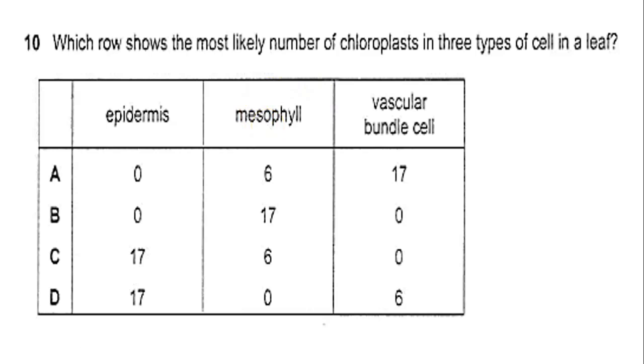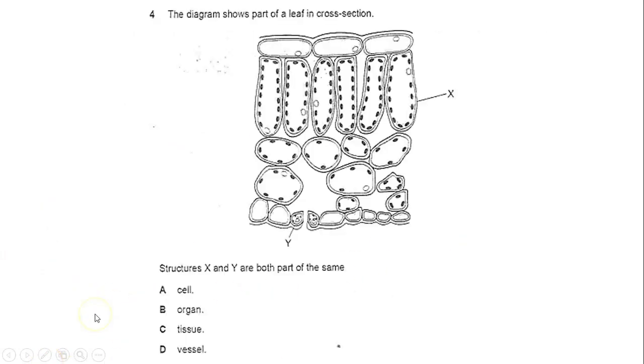So of course they have the largest number of chloroplasts. And the vascular bundle. These are the xylem and phloem. So are they responsible for photosynthesis? Of course not. So they have 0 number of chloroplasts. So the only possible solution is B, because all of the others will have chloroplasts in the cells that shouldn't have chloroplasts.